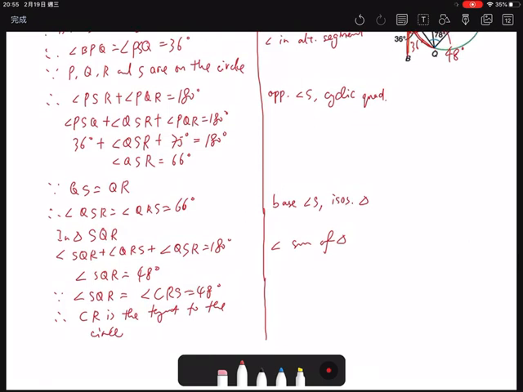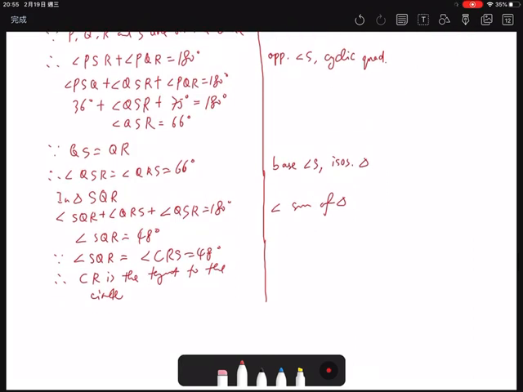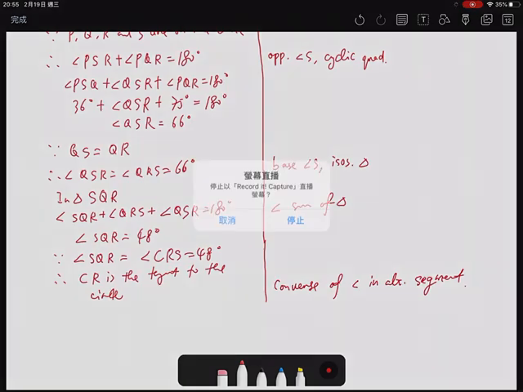The reason is converse of angle in alternate segment. So now you may have a break.